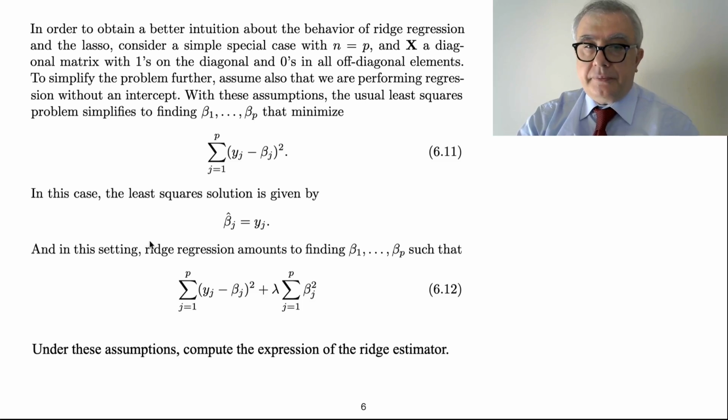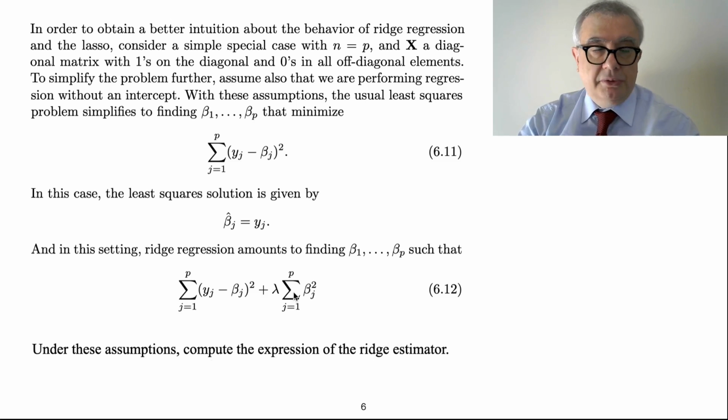And in this setting, on the other hand, a ridge regression amounts to minimizing this cost function. Okay, so you have the usual sum of squared residuals, and here you have the shrinkage penalty on your parameters. Under these assumptions, you are asked to compute the expression of the ridge estimator.